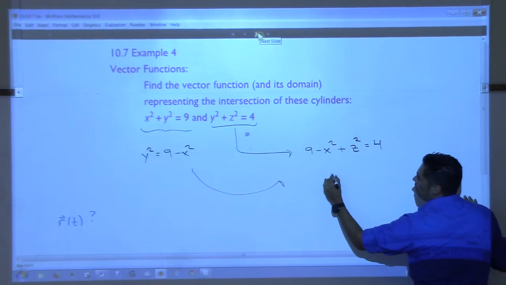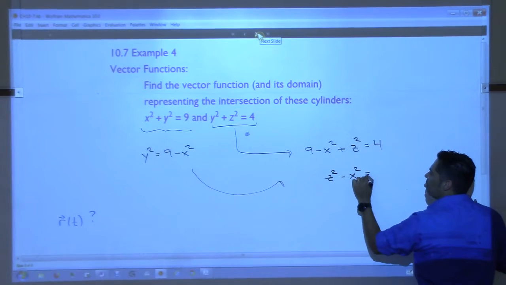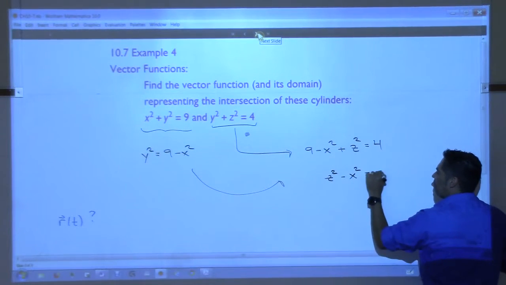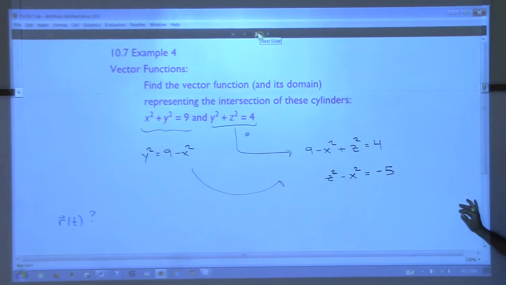So what do we get here? Z squared minus x squared, I'll just put it in that order, equals -5. We've got that, right? Okay. And what is this? What is that?